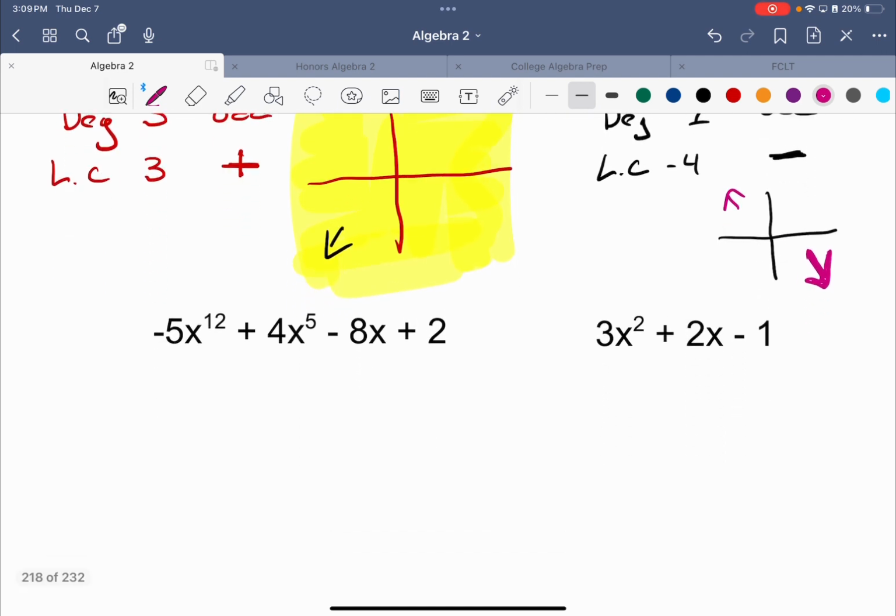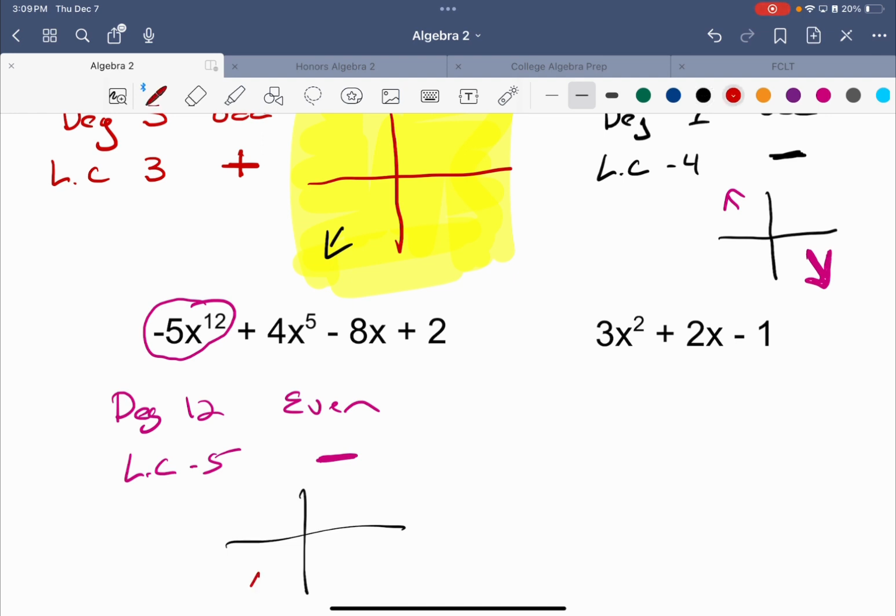The next one's negative 5x to the 12th plus a whole bunch of other stuff that I don't care about right now. Degree is 12, so that's even. Leading coefficient is negative 5, so it's even and negative.